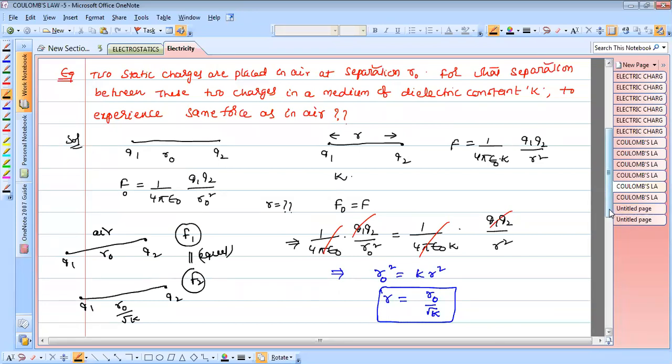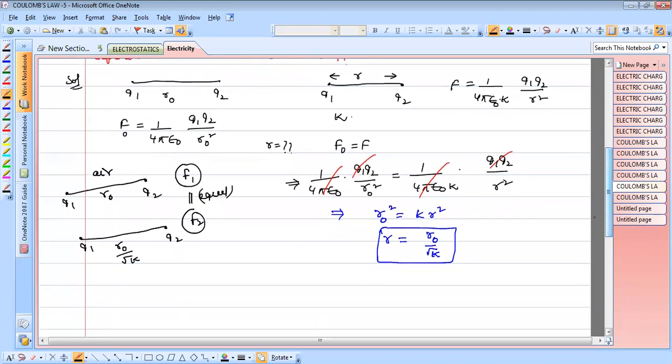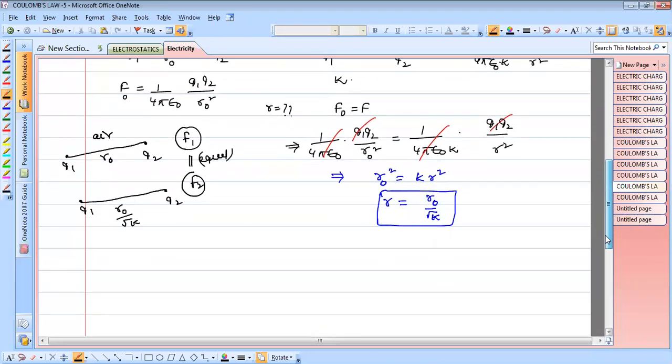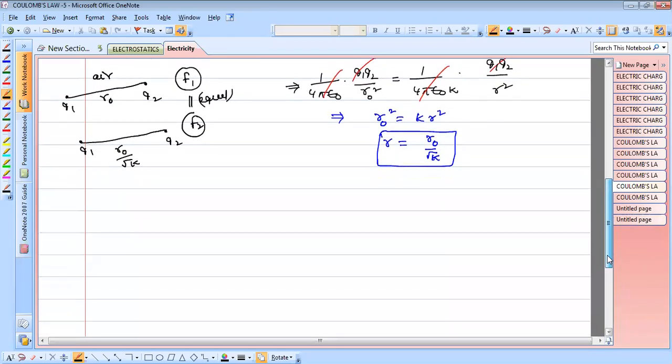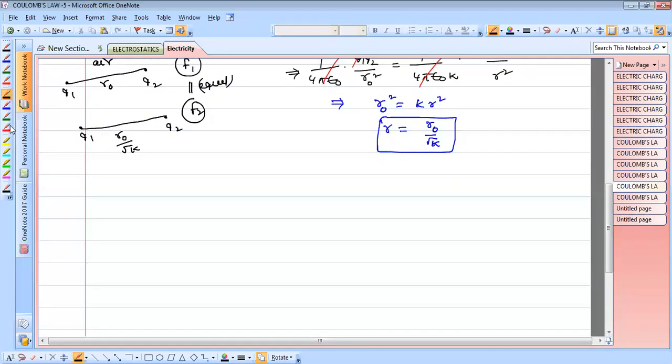Now I move to the converse of this. If in air the distance is R naught, in the medium it is R naught by root K. Now my question is, if in a medium it experiences force at separation R, in air how much distance is required? Let us simply go to the converse of the question.